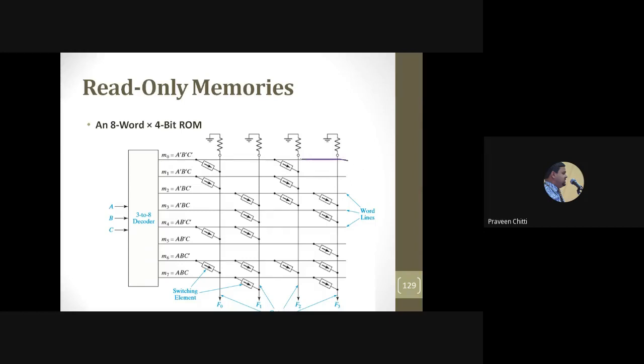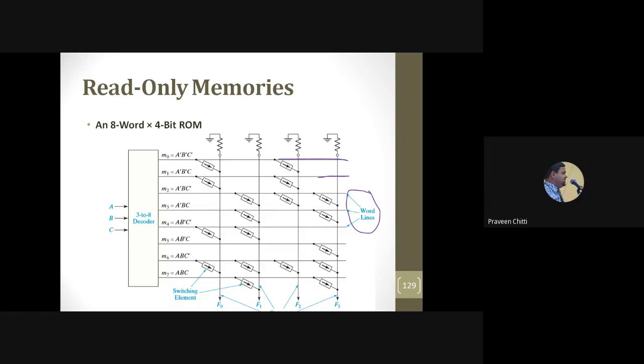This is the first word M0, then second, third, like that up to the 8th, that is M7. That's why these are called word lines, and the vertical lines are called the output lines.